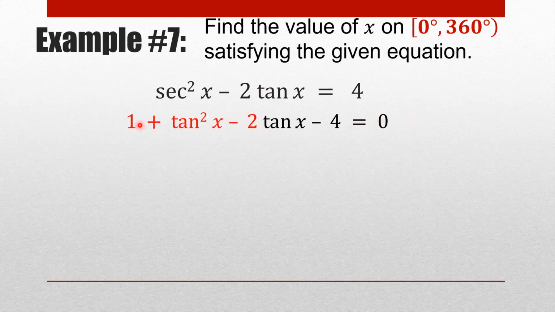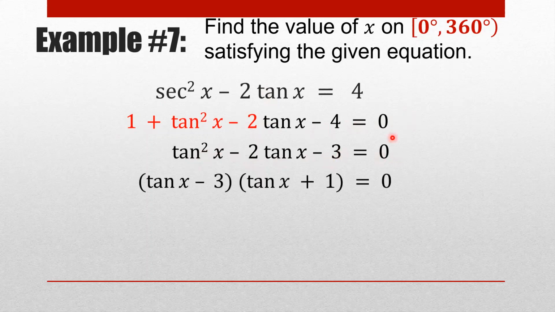And then, we can simplify the constants. 1 minus 4 is negative 3. So, going through the quadratic equation, v squared minus 2v minus 3 equals 0. Okay? We can factor that: v minus 3 times v plus 1. But we went directly, as if we are used to using quadratics with trig functions. So we have tangent of x minus 3 times tangent of x plus 1.